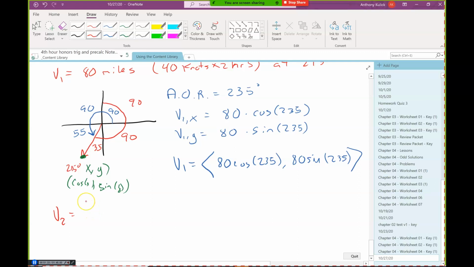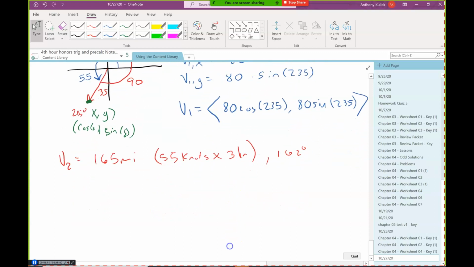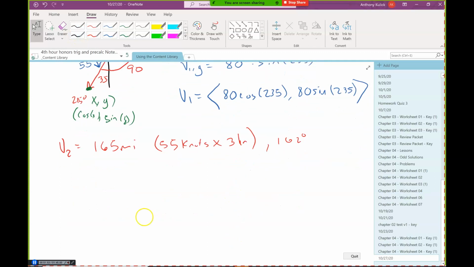So that was 90 to there, so this has got to be 72 more. And then my angle of rotation is 90, 90, 90, and 18, because 72 plus 18 is 90 degrees.